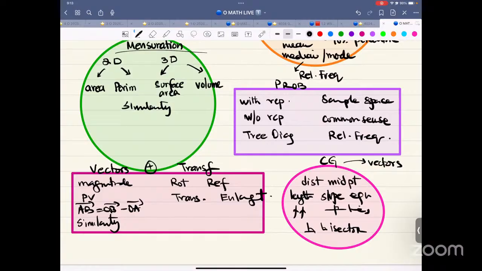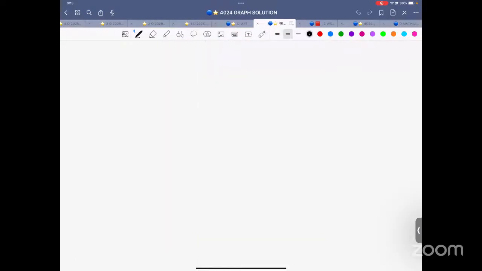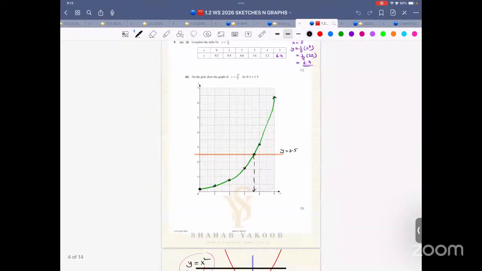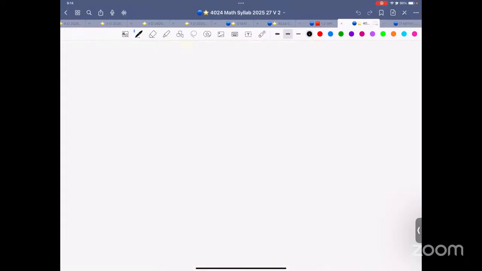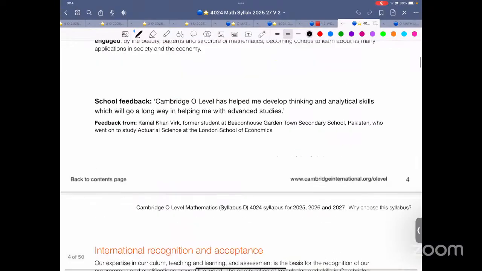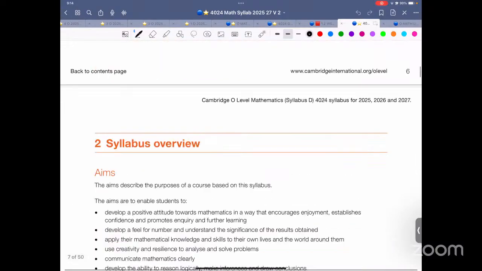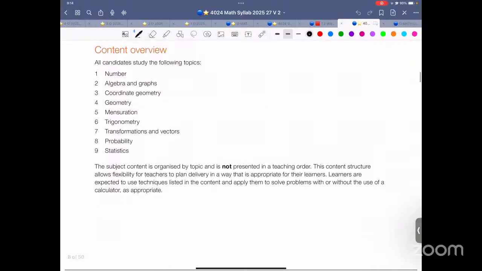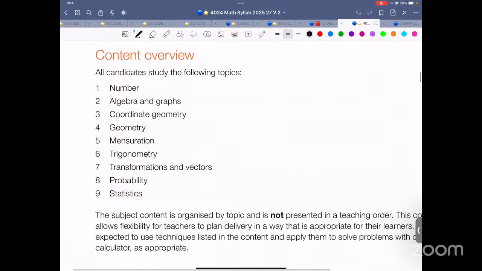Now, first of all, let me go to the syllabus. I think that should be the one. So the syllabus was over here. Okay, that's the syllabus. So now when we look at the syllabus, that is the main thing, the content overview. So let me just copy this thing.